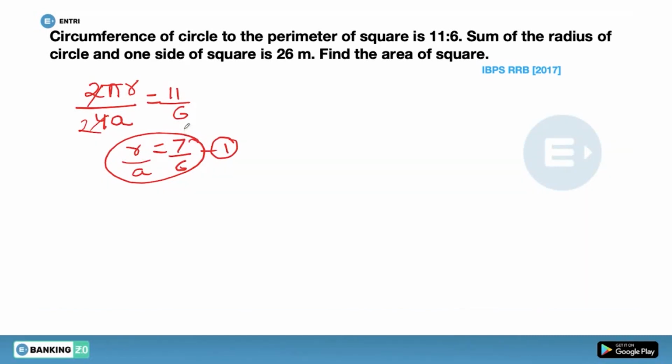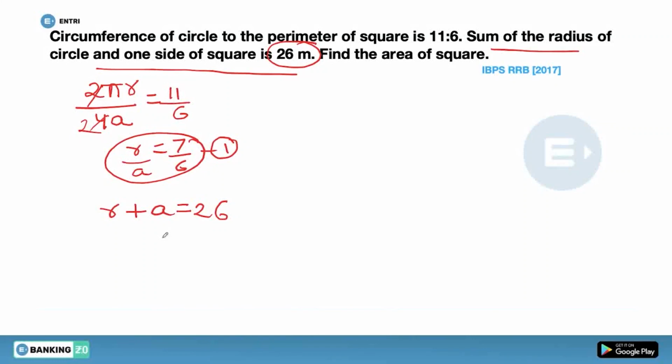Now they have given one more condition. The sum of the radius of the circle and one side of the square is 26 meter. I know that the radius is taken as r and one side of the square is taken as a, and it is equal to 26 meter. Now we can put the value of r here and calculate the value of a.